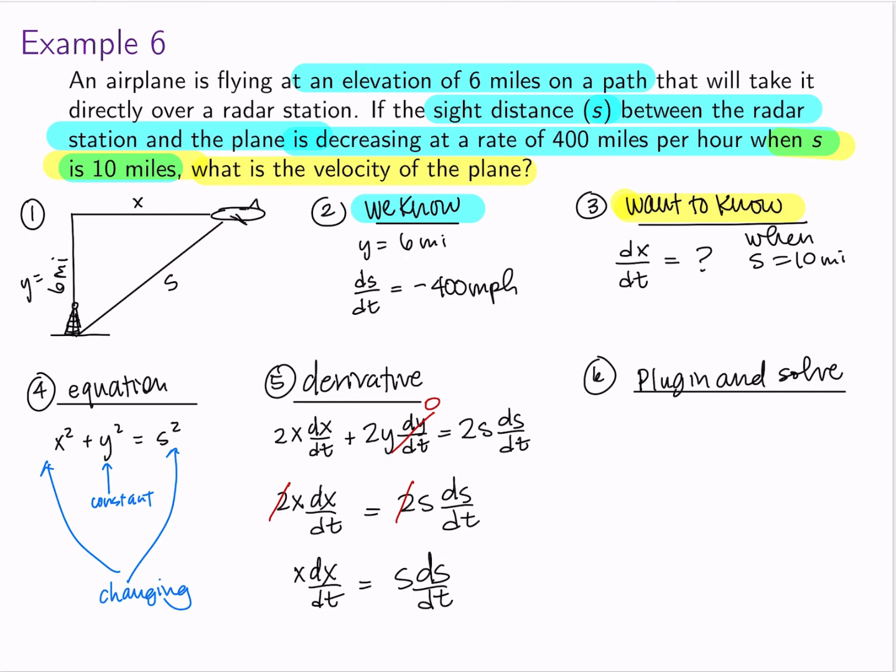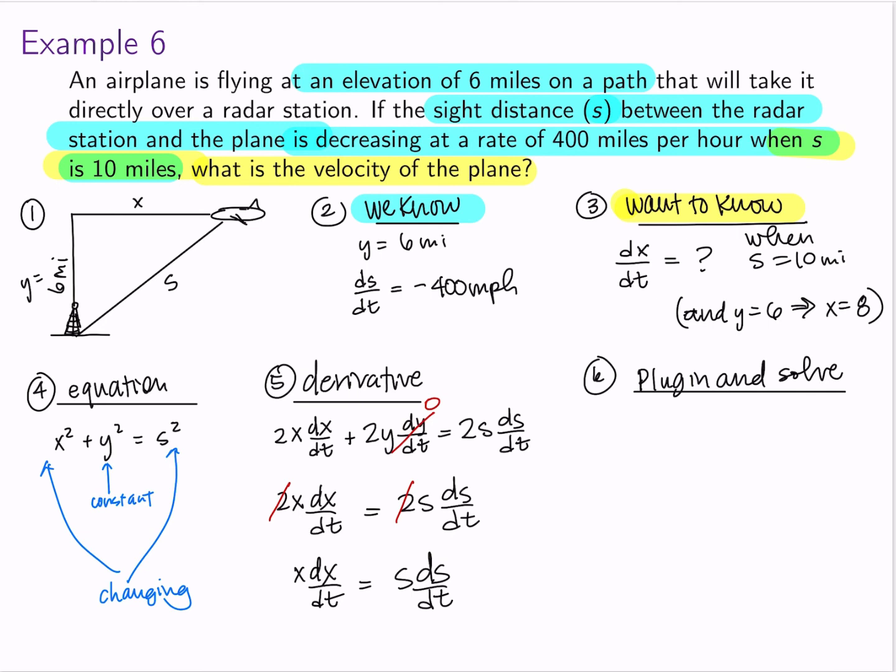So if s is 10 and y equals 6, that implies x equals, and I would use the Pythagorean theorem with s is 10, y is 6, I'm going to get an x of 8. Just do your Pythagorean theorem real quick and check that.